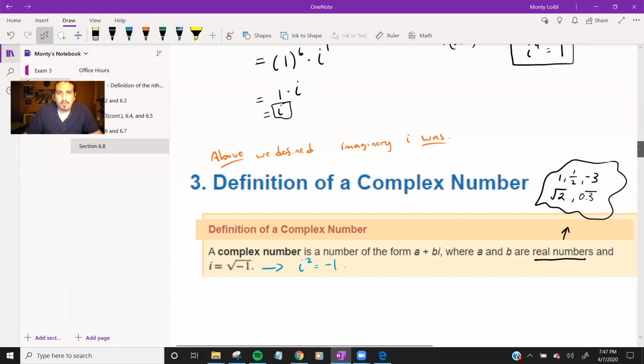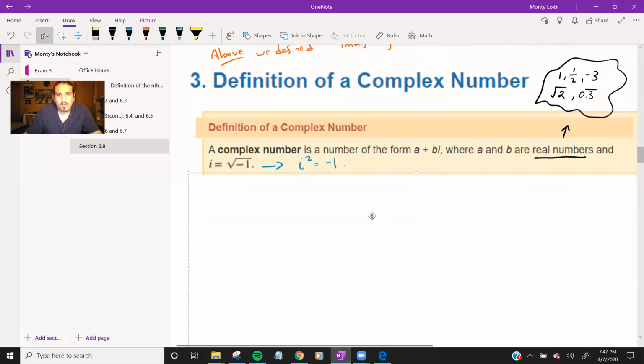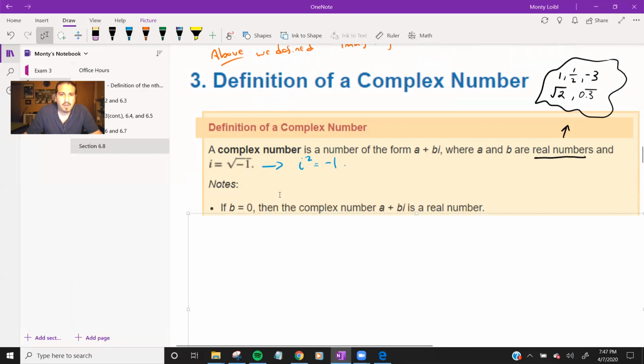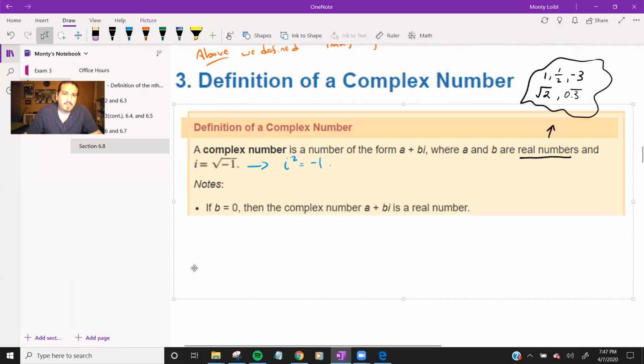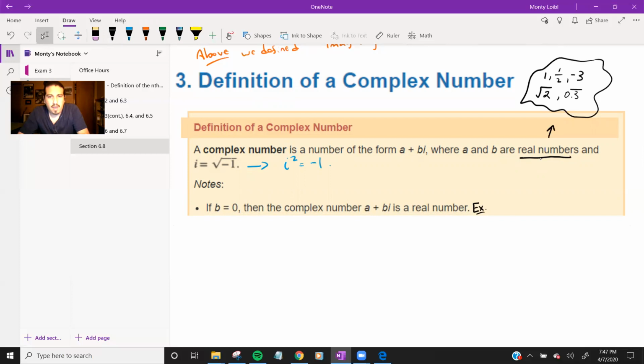Okay, so going down a little bit further, let's start with some definitions here. There are important things to keep in mind: if b is equal to 0, then it's a real number, right? An example is saying that if you have 3 plus 0i, well, 0 times anything is 0, so we get just 3.